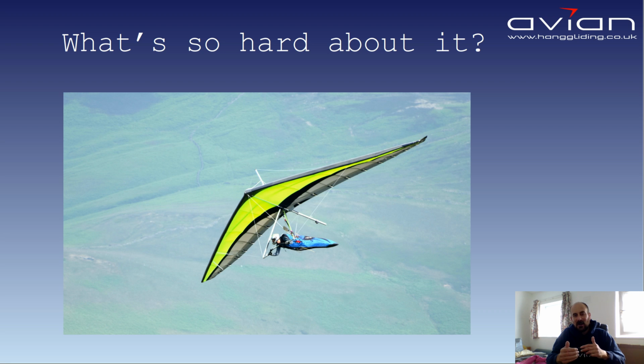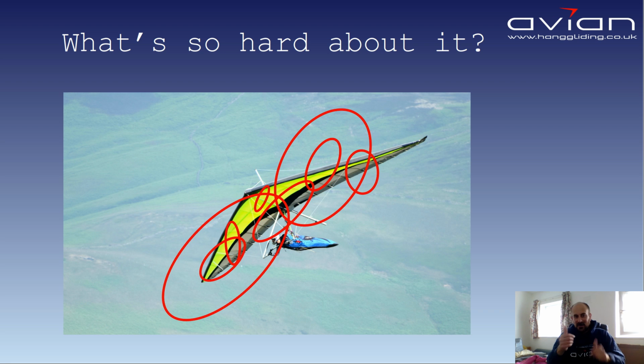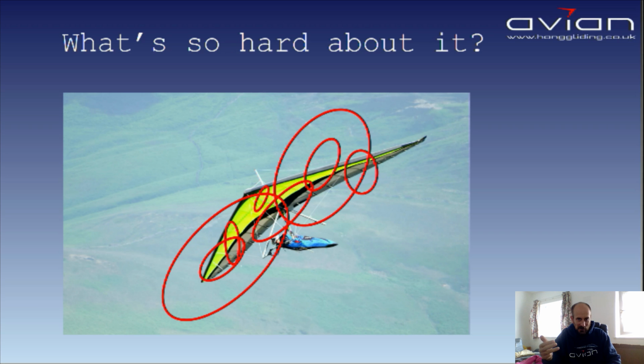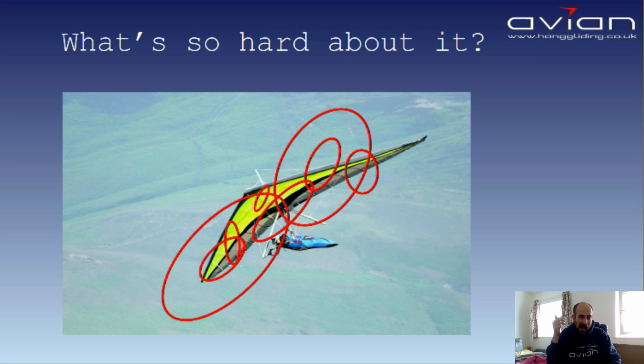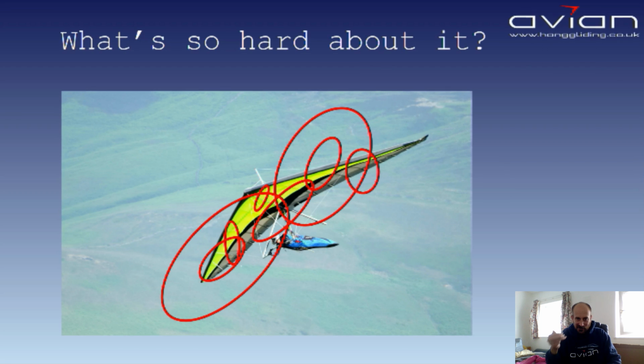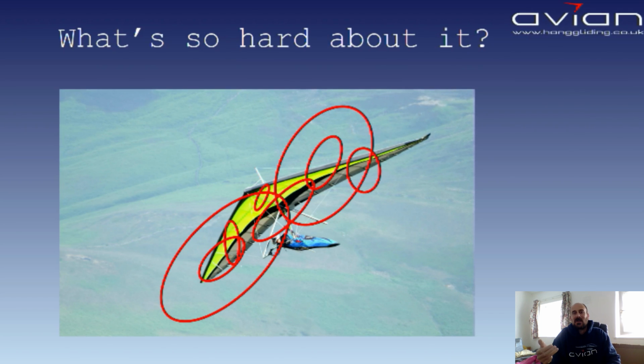If we try and think about what this has to do, we still need all of those jobs that all of those bits were doing on the previous aircraft. We need to generate lift with minimum drag, we need pitch stability, we need yaw stability, and we need some roll stability, and we need control in turn and in pitch.